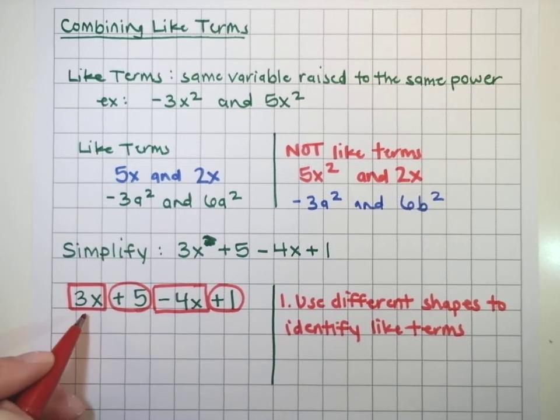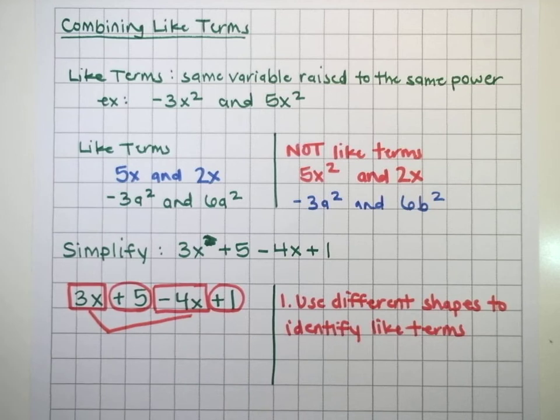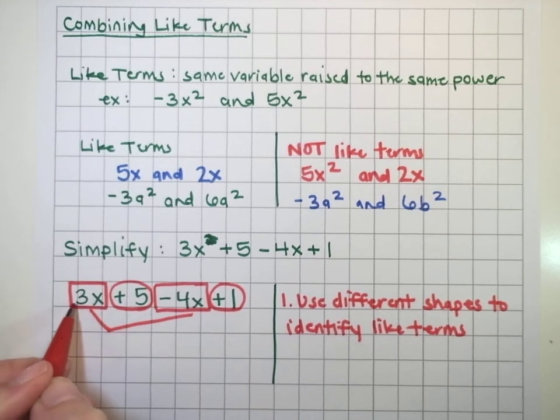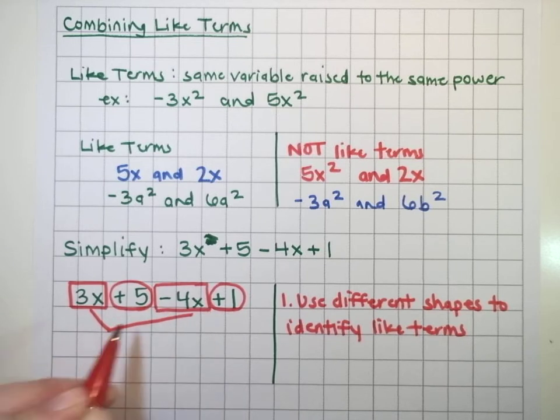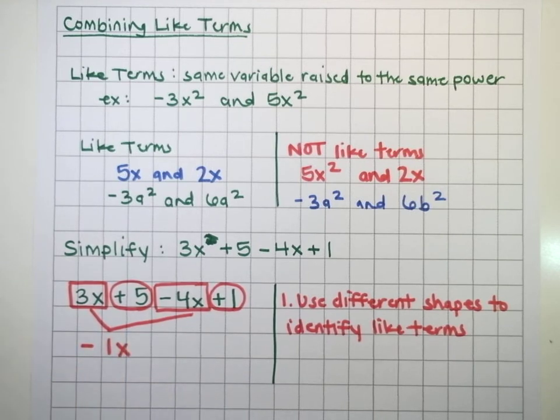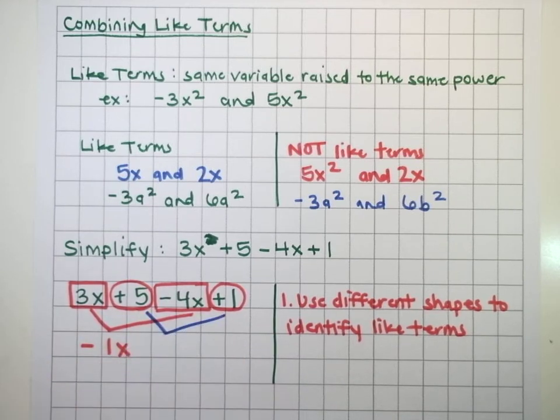So we'll start with the terms with variables. We can combine these. So we're going to do 3x plus negative 4x. When we combine those, we get negative 1x. And then we can combine the 5 plus 1, and that gives us positive 6.